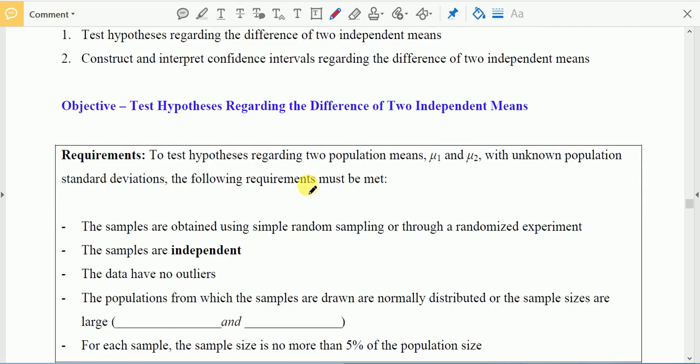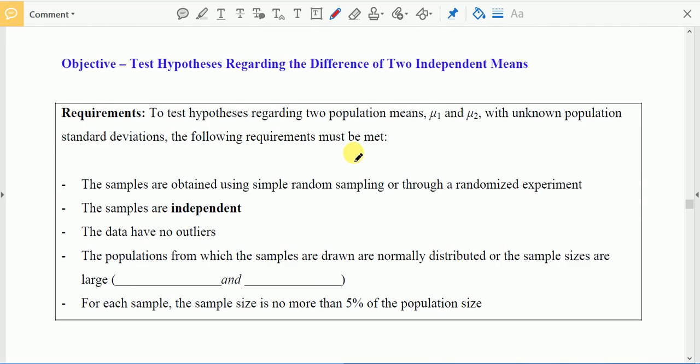The requirements for independent samples are that they must come from random samples, they must be independent, and there should be no outliers. Make sure the sample sizes are large: n1 is at least 30, and the same for n2. Two samples, right?